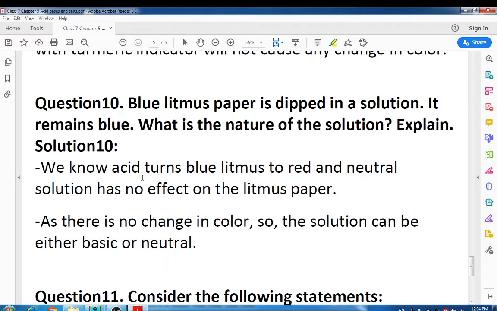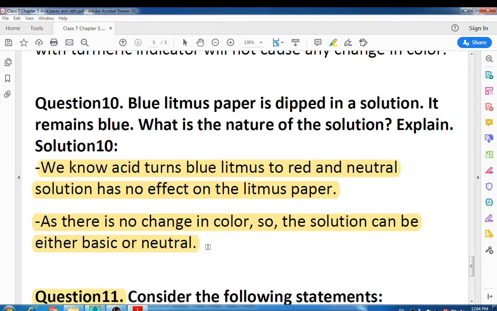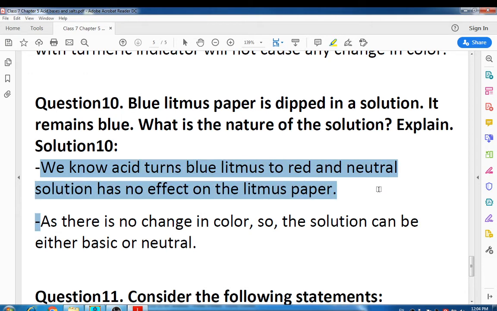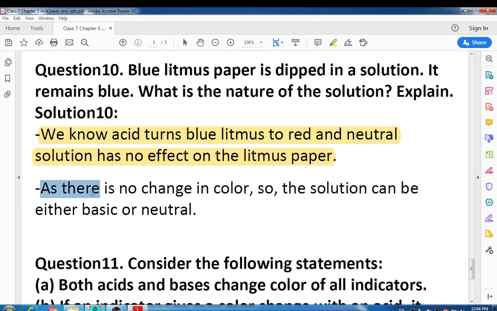Because if the substance is acid, it changes to red, but here there is no effect. See the answer. We know acid turns blue litmus to red and neutral solution has no effect on the litmus paper. So as there is no change in color, the solution can be either basic or neutral.